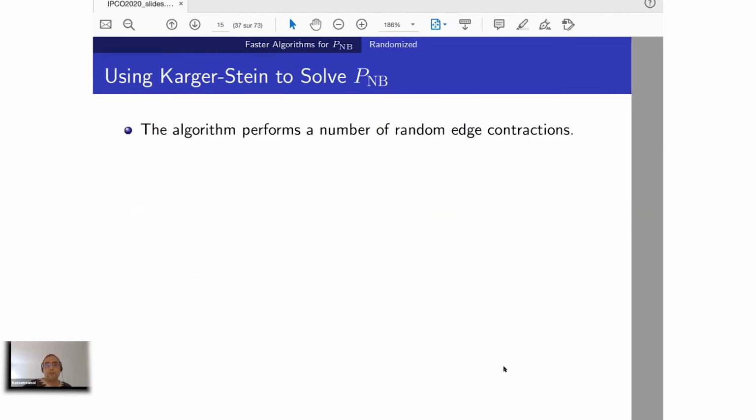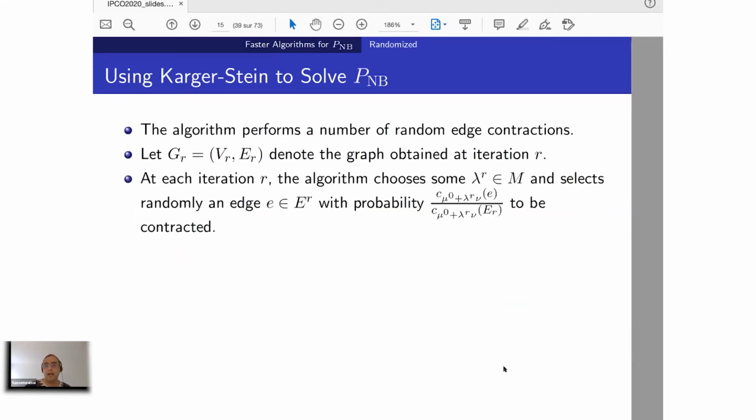Now for the randomized algorithm, we will rely on the Karger-Stein algorithm in order to solve the next breakpoint. So the algorithm performs a number of random edge contractions. At each step, we consider a contracted graph, and we pick randomly an edge in this contracted graph proportional to its cost defined by some parameter lambda r.